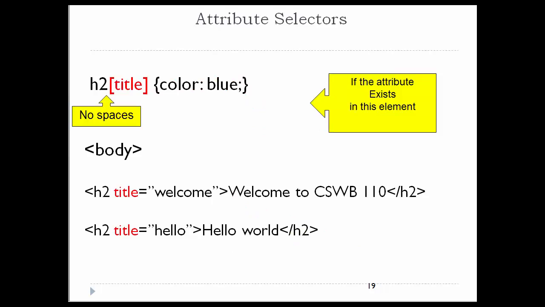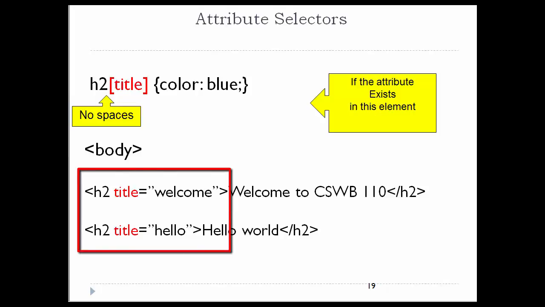Attribute selectors, which are not that commonly used, but here again, very powerful. If you look into the body section, we have the title attribute, which essentially gives a tooltip. Now, title attributes are used commonly in the image tag and in the a href element. However, I am using them in the H2 for this demonstration.